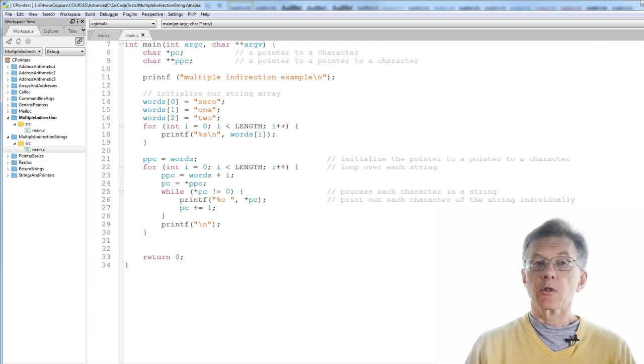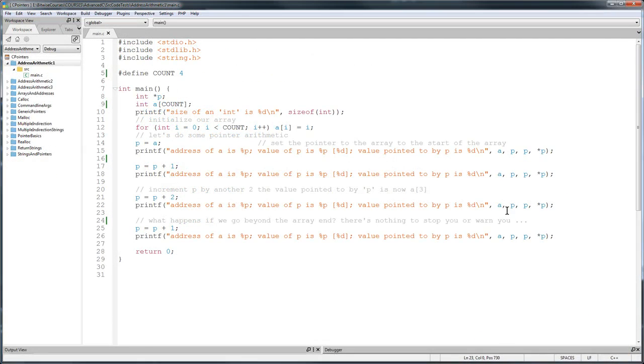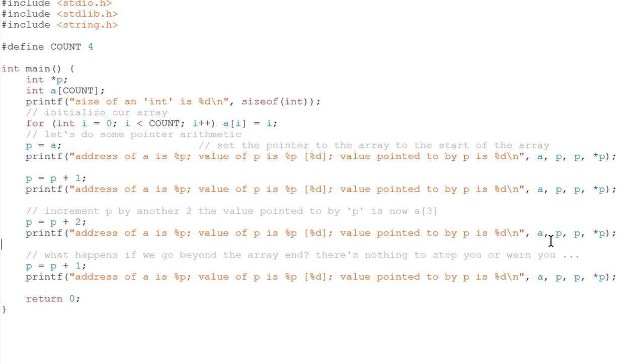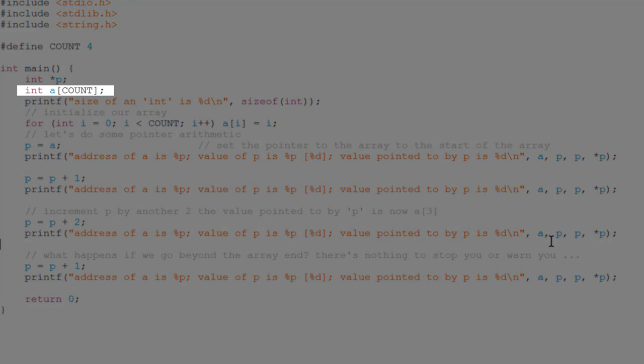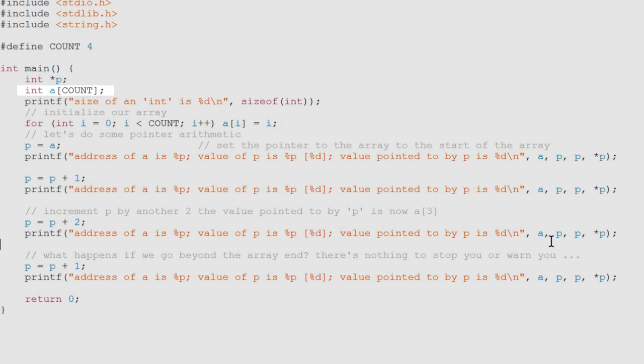To understand what's really going on here, we need to look at how pointer arithmetic is done in C. Here in my Address Arithmetic 1 sample program, I create an array of 4 integers. Since I've declared the array's size at the time of its declaration, memory will automatically be allocated for it, so I don't need to call the malloc function.